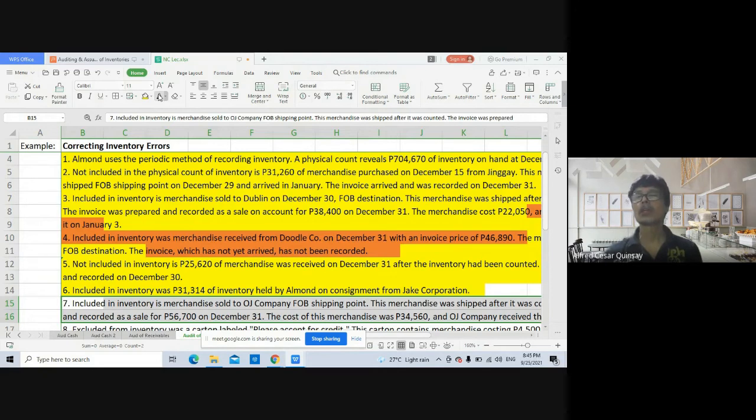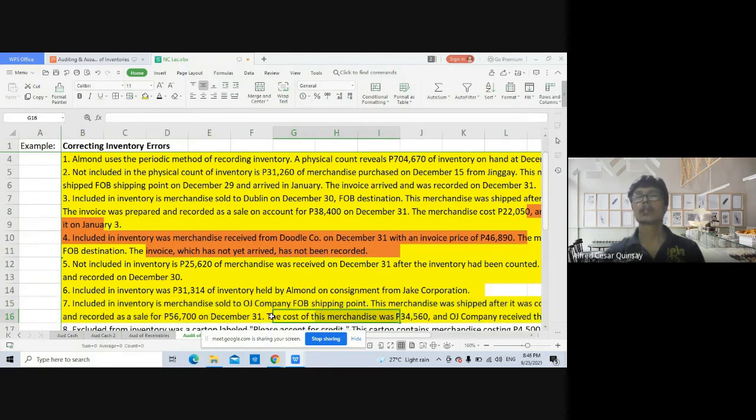The only thing that we need to adjust was the cost of the merchandise that was sold to OJ for 34,560. We're going to take that out of our inventory, no? Okay, so because it was included in our inventory, but it was already sold FOB shipping point to OJ.